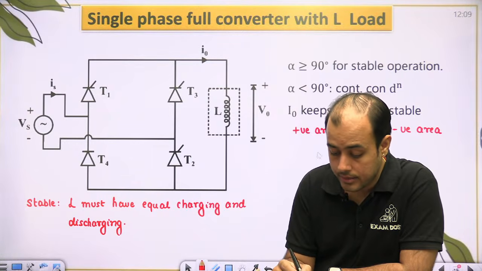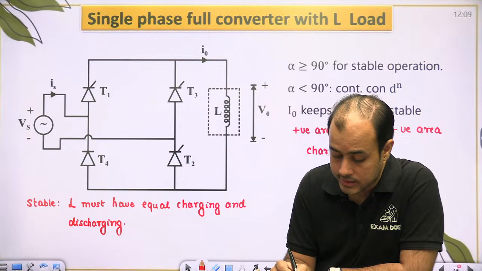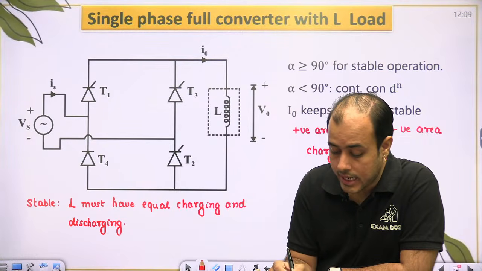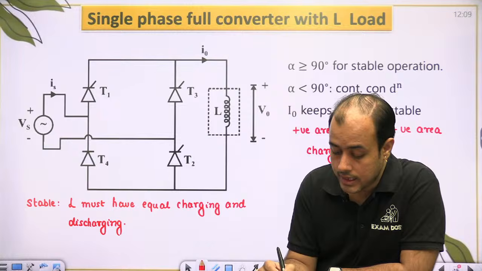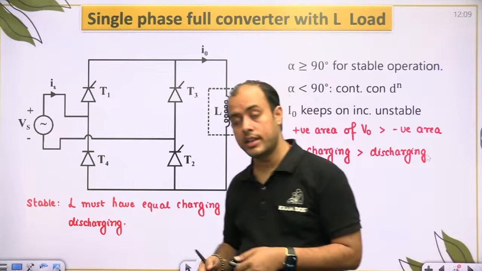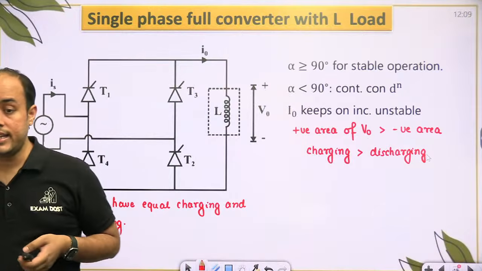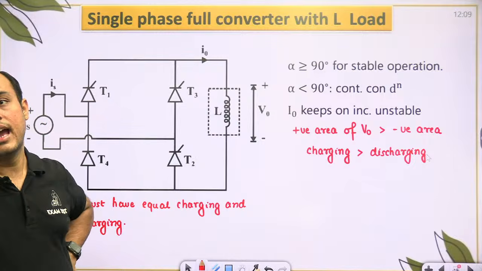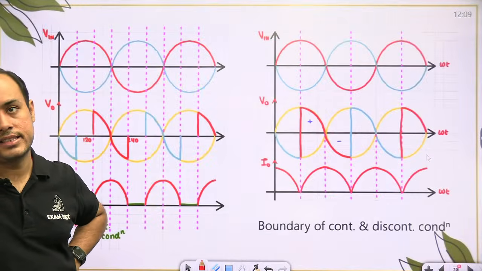So charging is more than discharging. If that happens beta, then operation would be unstable. अगर discharging से ज़्यादा charging होगी, तो current will increase in every cycle and it will become unstable.